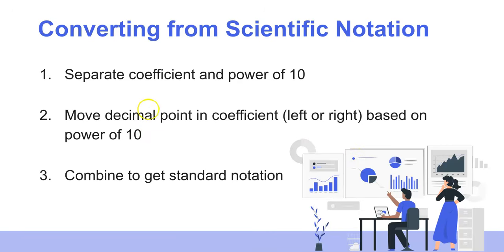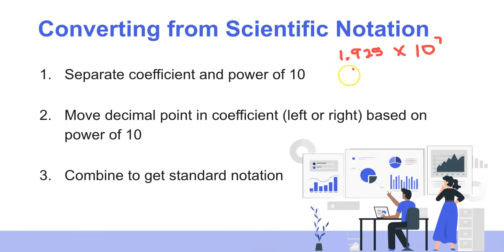So what if you already have a number in scientific notation and you want to make it into standard notation? You want to convert it back. Okay, so you're going to separate the coefficient and power of 10. Let's say I'm going to make a number up: 1.925 times 10 to the seventh power.